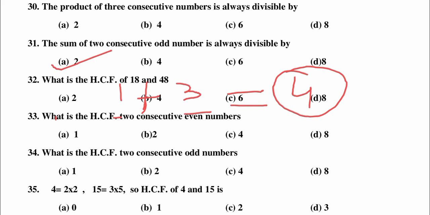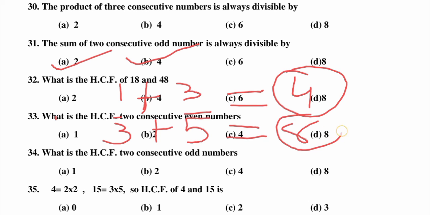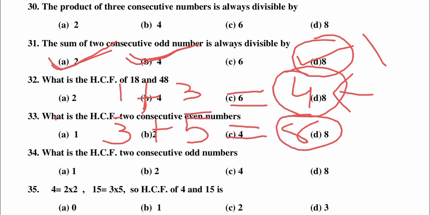Yes, it is divisible by 2 and 4 also. Then we check for the next pair, 3 and 5. 3 plus 5 is equal to 8, and 8 is divisible by 2, 4 and 8. But see, this 4 is not divisible by 8, so we cancel this 8 from the options.